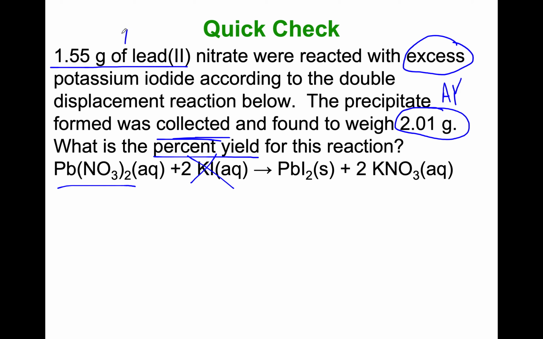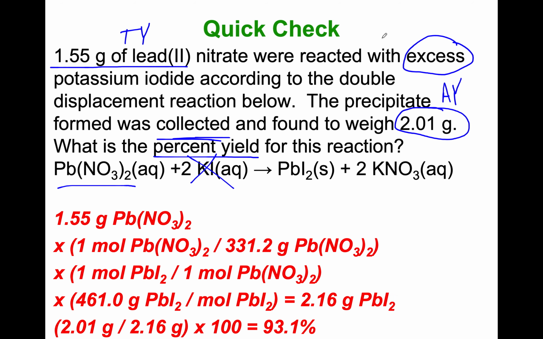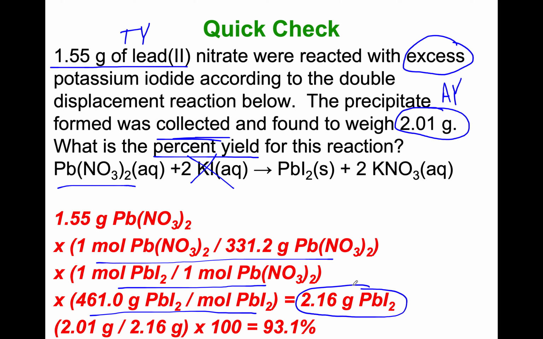Then we need to use this to get our theoretical yield. So that's grams to moles, mole to mole of product, grams of product. That gives us 2.16 grams of lead(II) iodide, and then take the actual 2.01 over the theoretical 2.16, and look at this, 93%. Fantastic.